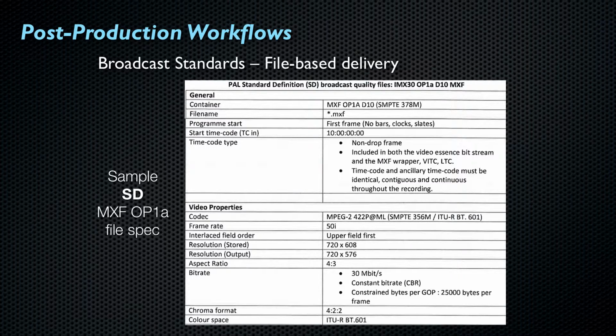It's a .mxf file, MXF OP1A. And inside the container can be any kind of codec. And that's where you've got to pay attention in the spec sheet. You have to understand what they want inside the container. And in this case, they want IMX30, which is also known as MPEG IMX. It's a format that was propagated by Sony back in the early 2000s at 30 megabits per second.